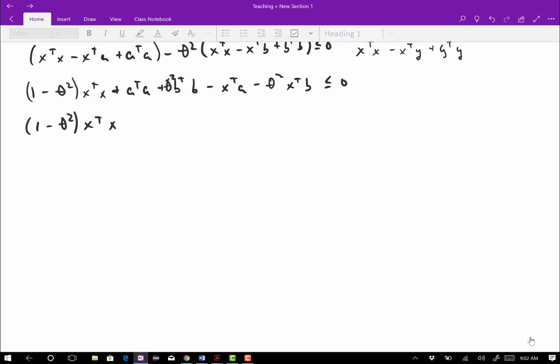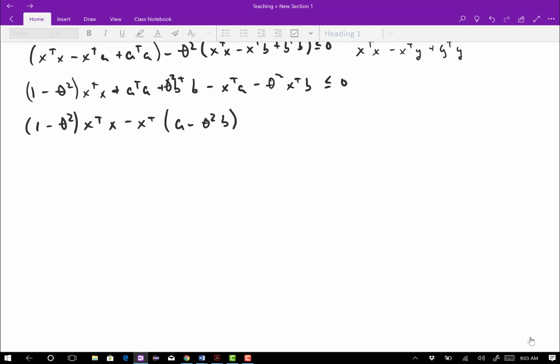I am going to take, let's see, this term, x transpose a, and this term, theta squared x transpose b, and I'm just going to factor out the x transpose. So this is going to be minus 2 x transpose times the quantity a minus theta squared b. I just want to write it like that.